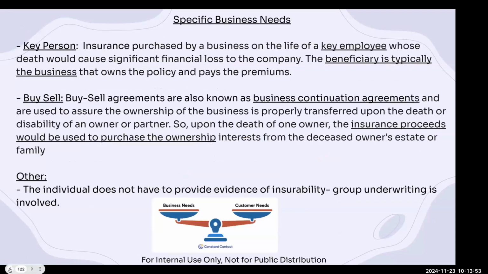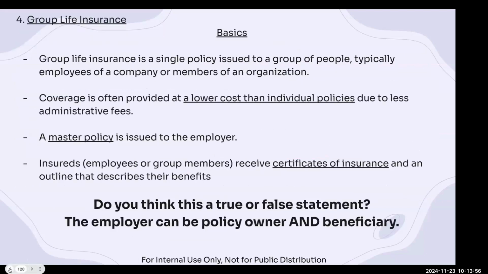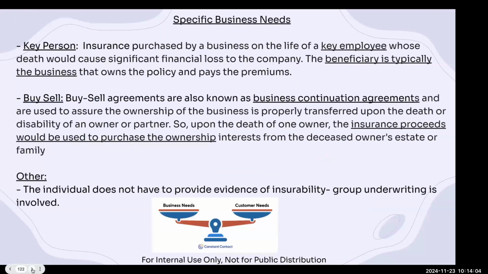So now we can go back to take a look at this question of, can the employer be the policy owner and the beneficiary? So let's take a look at two very specific business type plans.